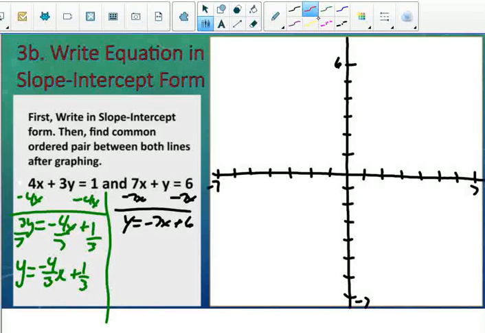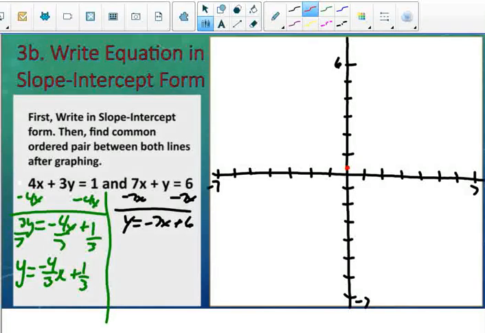So here we have a positive 1/3. Positive 1/3, that's less than halfway. So we'll put that about here. And then our slope is negative 4/3. So I need to go down 4.